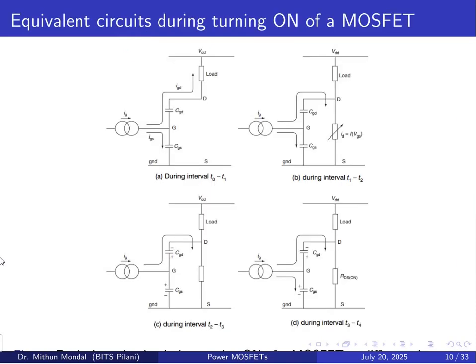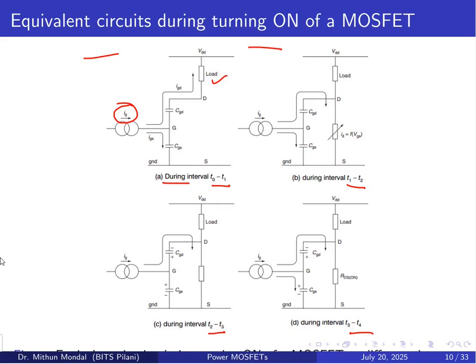So this is the equivalent circuit of the MOSFET during the turn on state. So there are different time intervals that we can split from T0 to T1, then from T1 to T2, what is happening between T2 to T3 and T3 to T4. So the gate current will be going to the load which is connected between the drain and the earth.